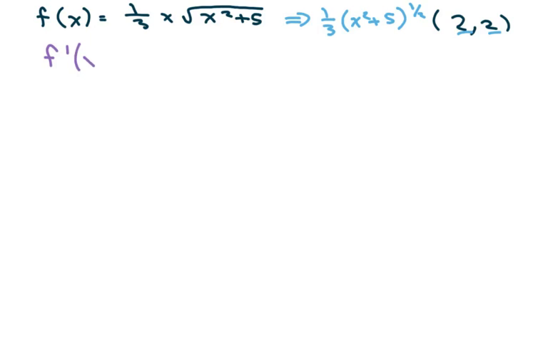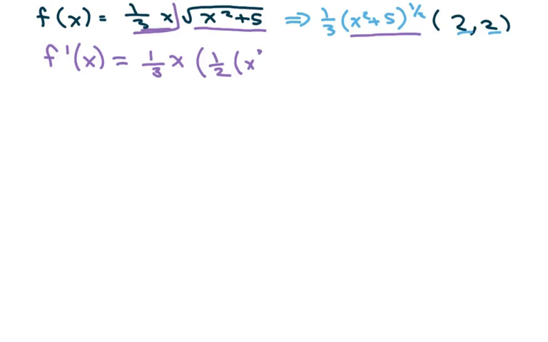In this case, we're going to have to use the product rule because we have two separate functions. So I'm going to write down my first function, this part. Take the derivative of the second function, which would be 1/2 times x squared plus 5 to negative 1/2, and then multiply it by the derivative of the inner function.